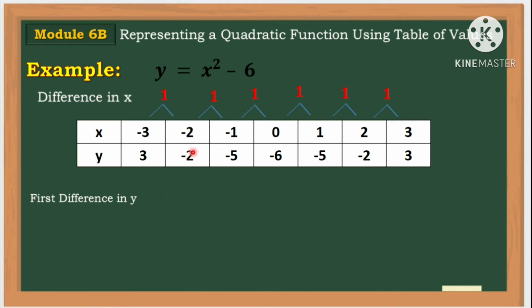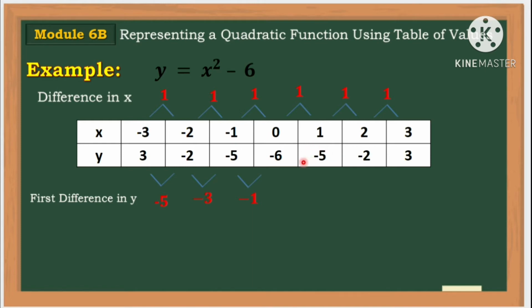So same process, negative 2 minus 3 will give us negative 5. Negative 5 minus negative 2 is equal to negative 3. Negative 6 minus negative 5 is equal to negative 1.